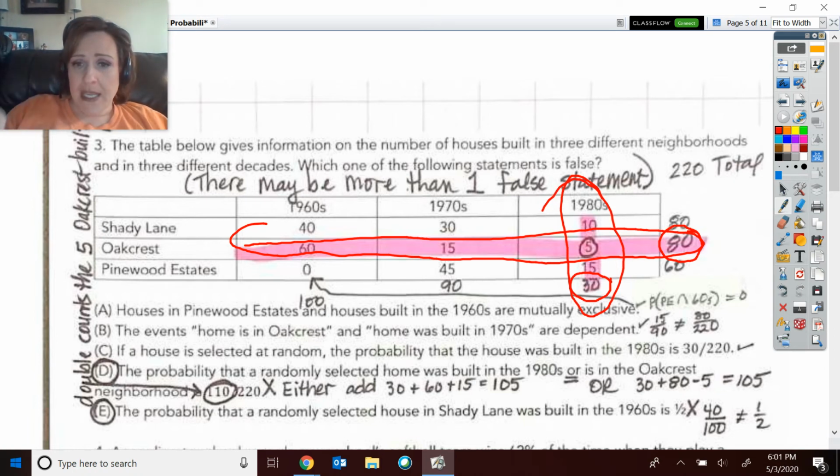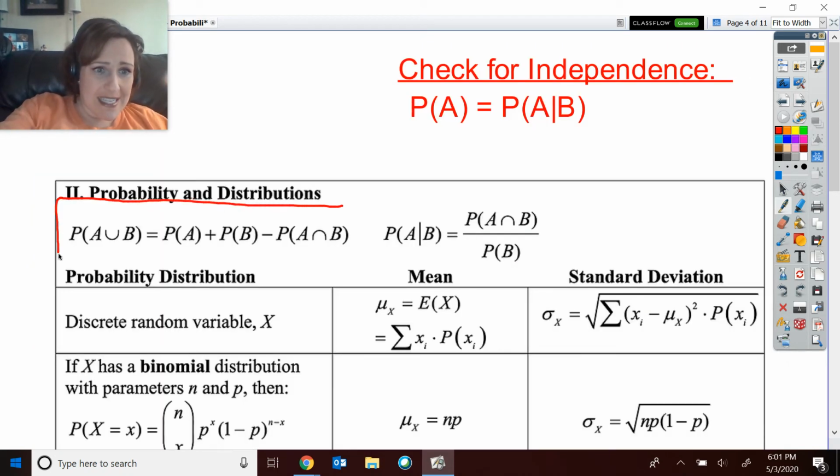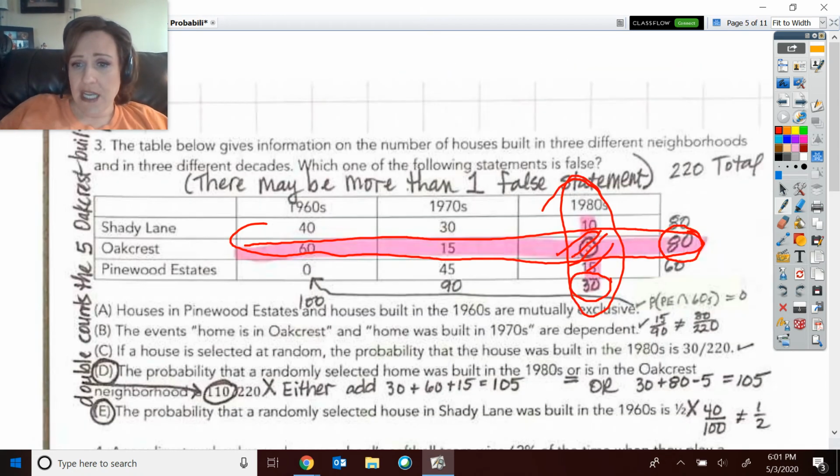The problem is that you then double counted that 5, so you would need to subtract it. That is the same thing as what this is saying here: 80s plus Oakcrest minus the 5 overlapped. So that should actually be 105 over 220, not 110. So that's out.